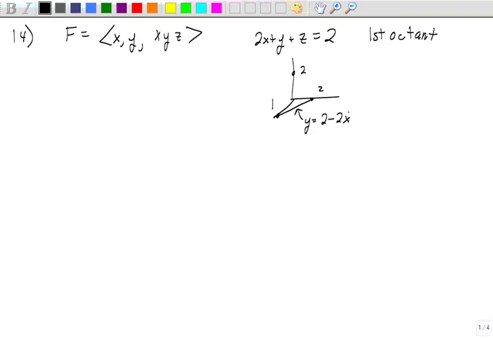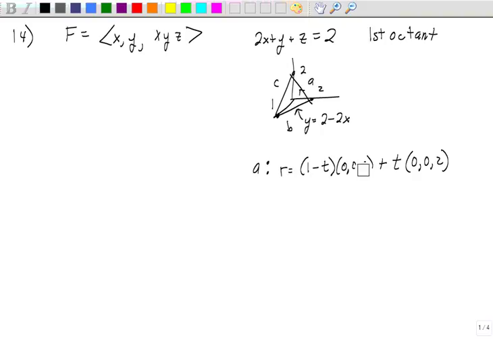First off, we're going to parameterize these boundaries. With A, that's the line segment from here to here, so A is going to be r equals 1 minus t times the starting point, plus t times the end point, which is 0, 0, 2.